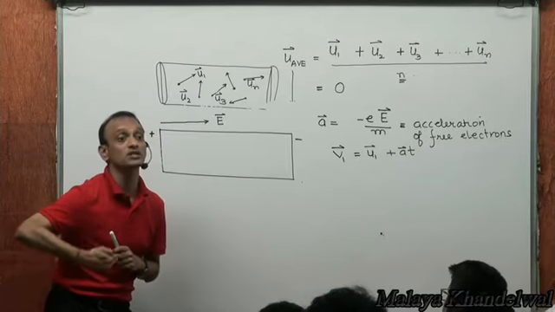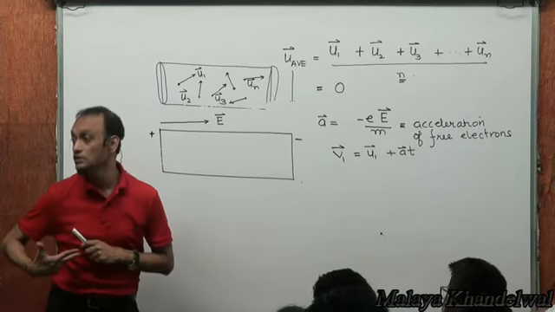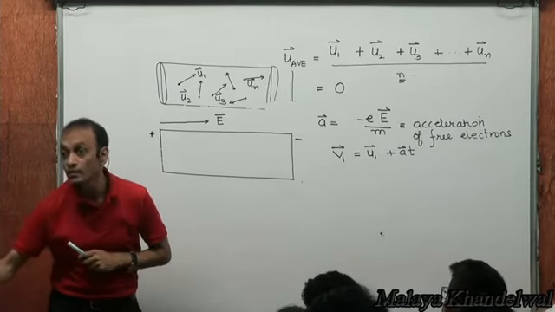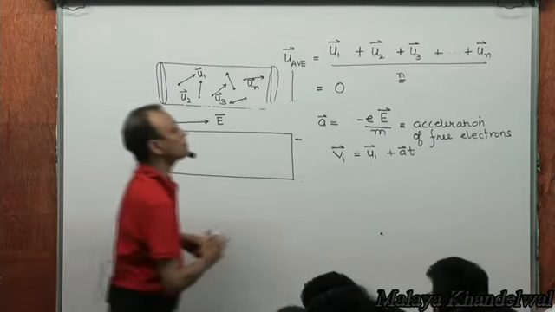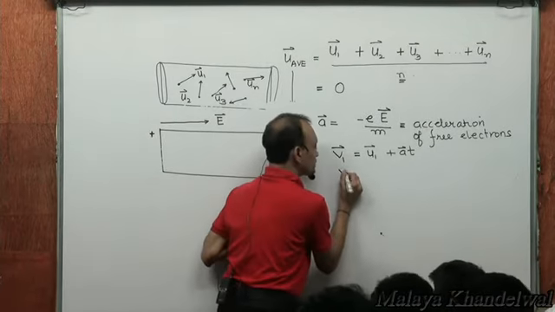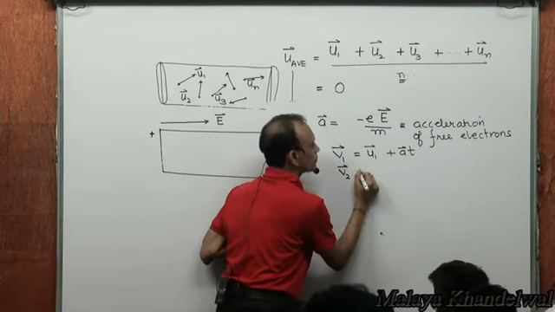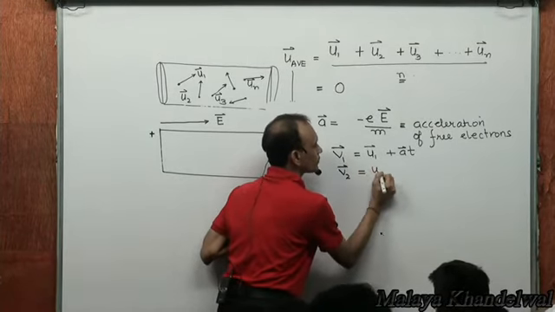Because electrons are subject to acceleration. Why acceleration? Because of the electric field, forces on the electron. Velocity of the second electron is u2 plus aT. T is the average relaxation time, relaxation period.